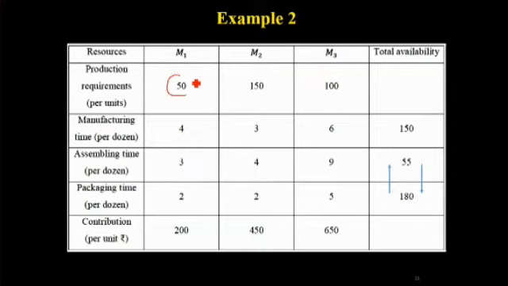Now the production requirement is this. We had weekly production requirements of 50, 150, and 100. Now manufacturing time: for M1 we had 4, M2 3, M3 6, and the total availability time was 150.